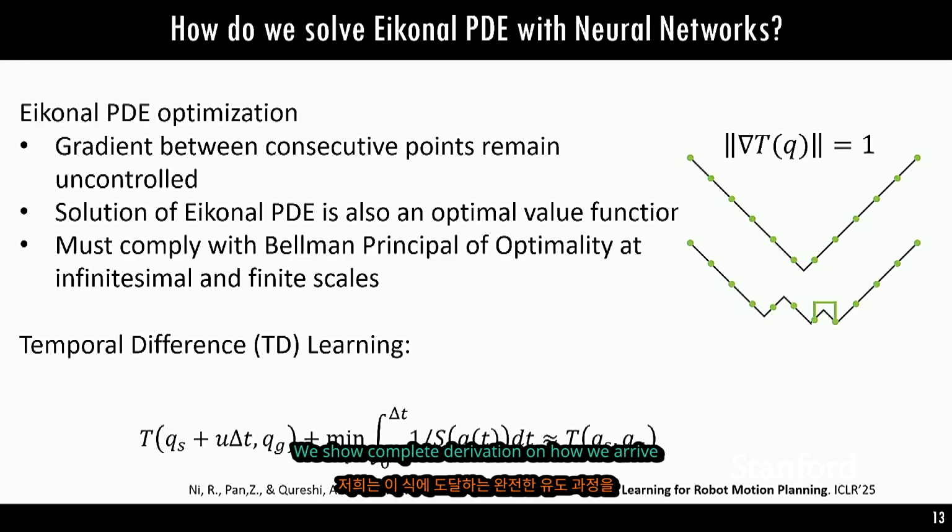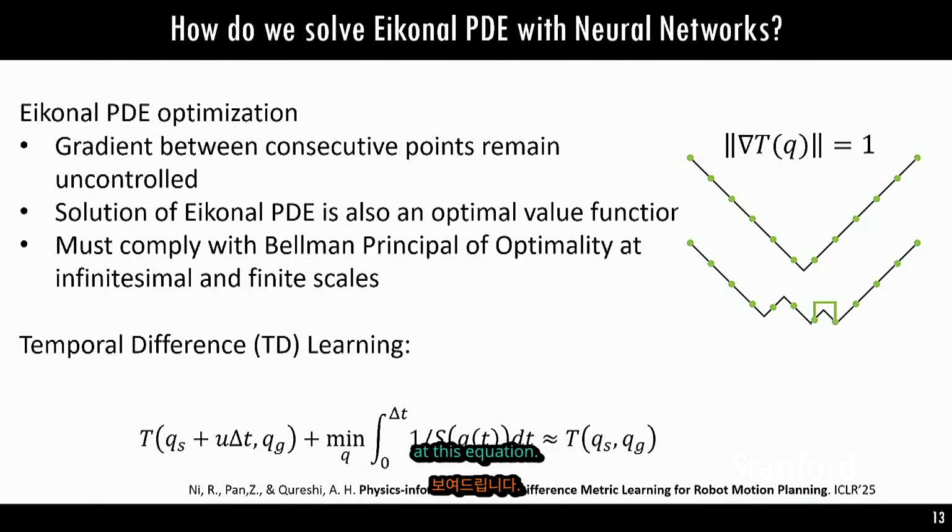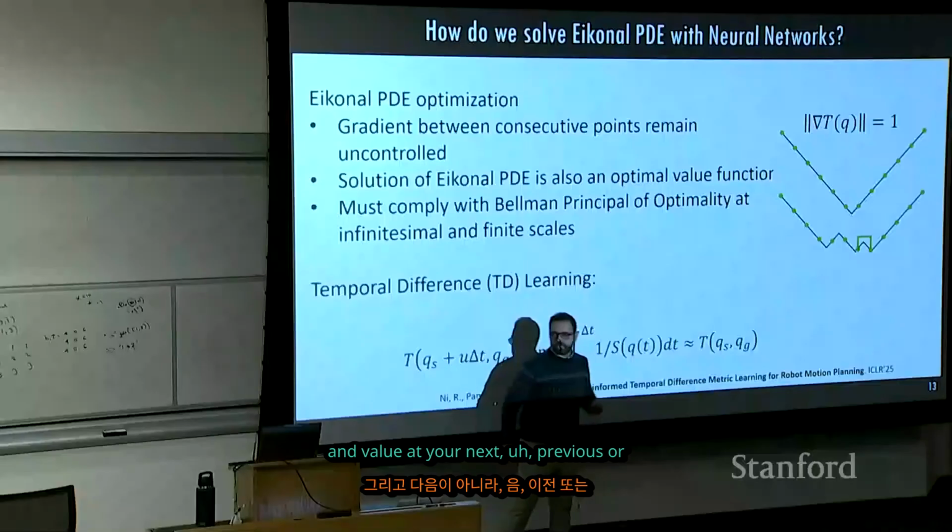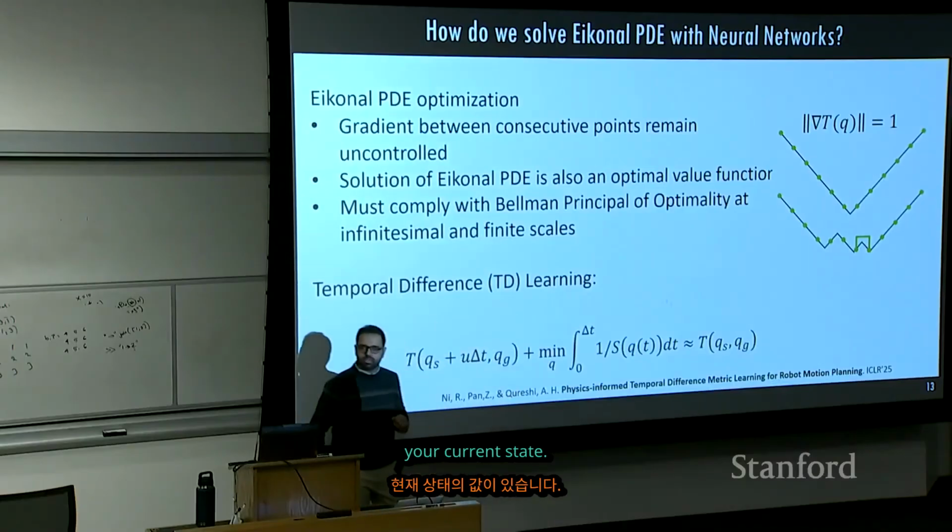We show the complete derivation of how we arrive at this equation, but the main point is this is a value function. You have your QS. We perturb that QS towards some direction. So we have the value at the next state plus some reward, minus the value at your current state.